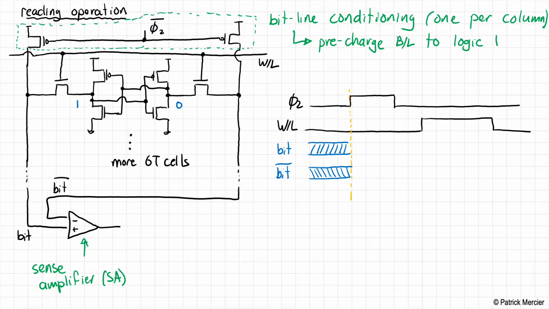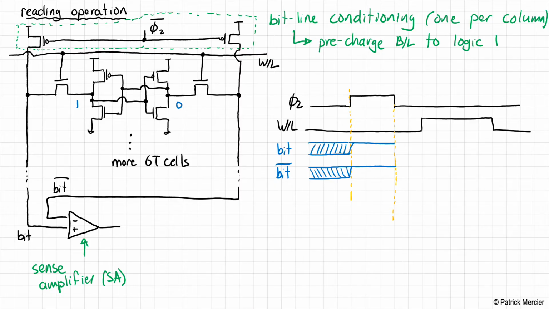Okay, so as soon as phi2 activates, then we know that both bit and bit bar get pre-charged to logic 1. Okay, simply through the action of those bit line conditioning circuits. They pre-charge everything to logic 1.